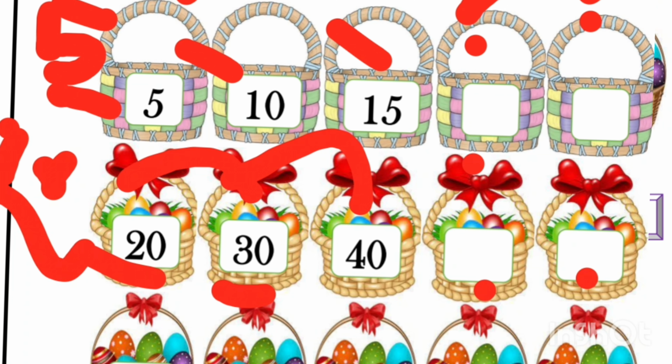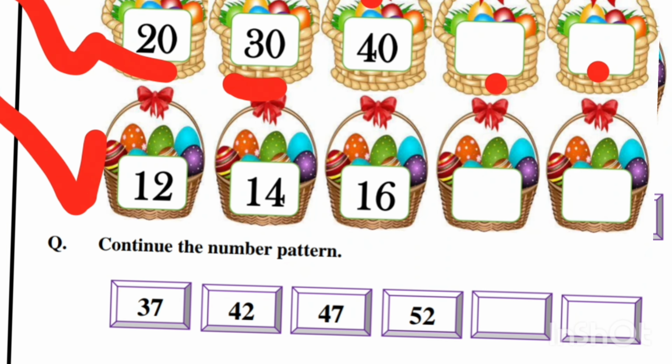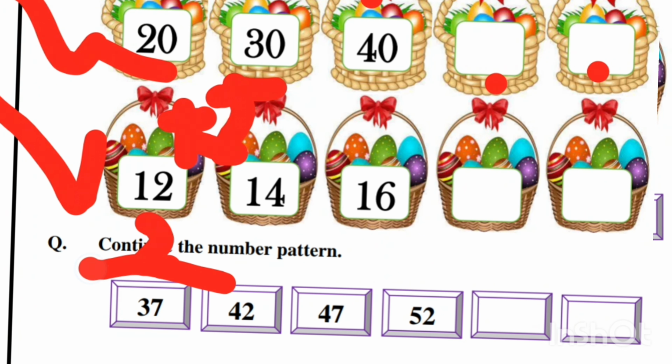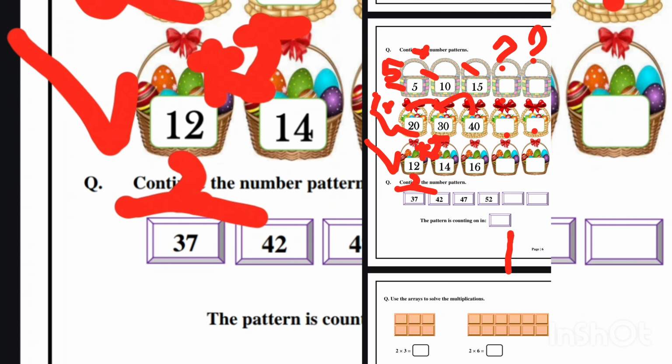Alright guys, now which pattern are we following here? This is for 12, 14 and 16. Here what we are doing, you can see, is adding 2. For example, this is 12. When we add 2 here, it will become 14.